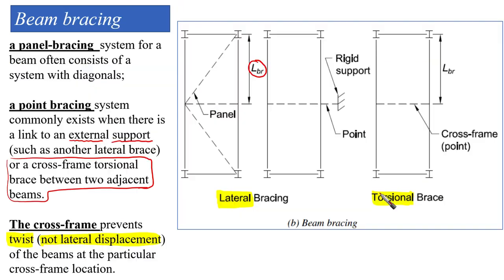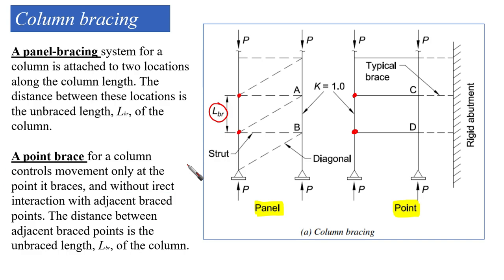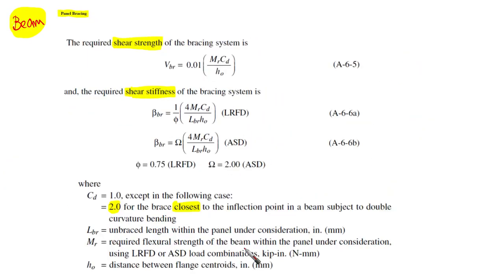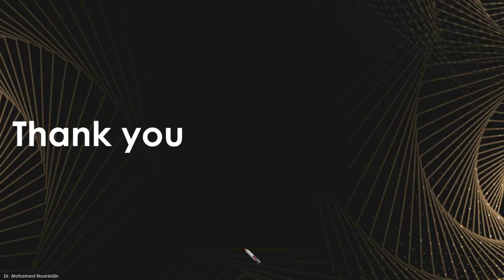For example, if we cut here, we're going to cut the beam and the bracing itself. We'll go to the column, the same also. We're going to cut the column itself and the bracing. So this means that it is panel, which means relative. This is actually what is written in the book.